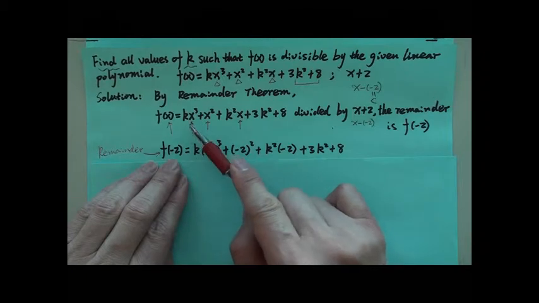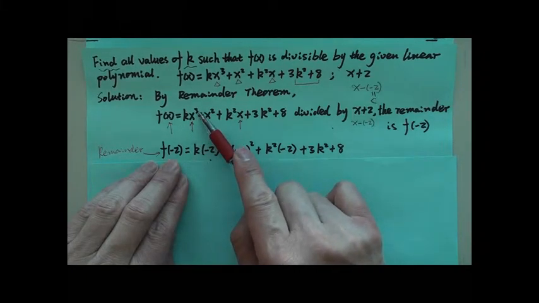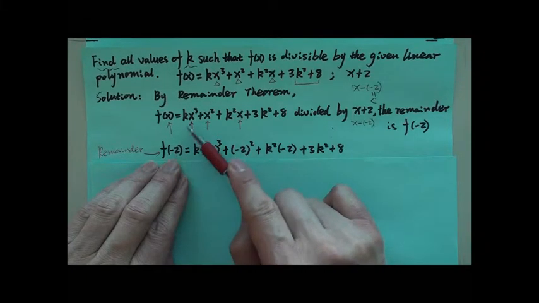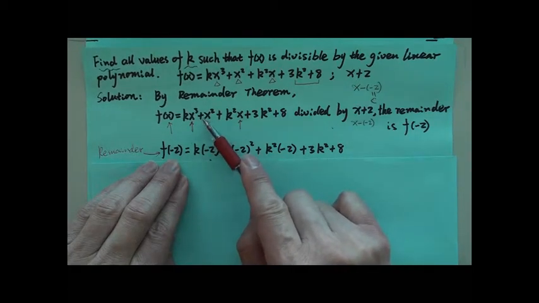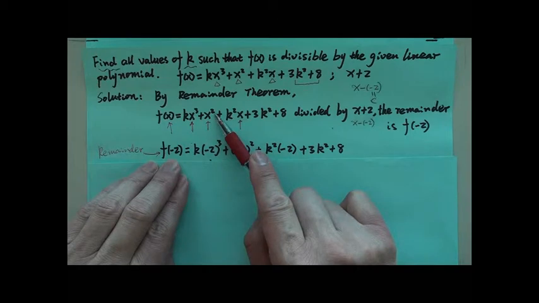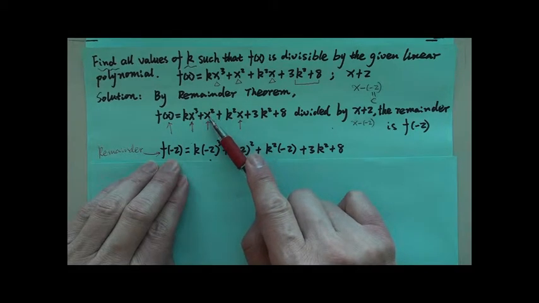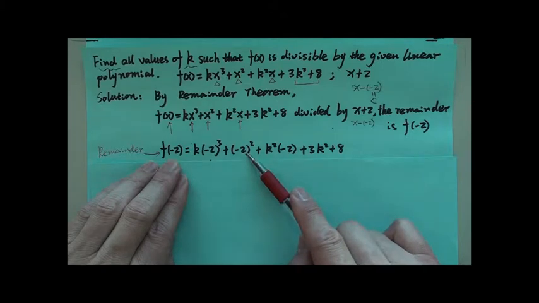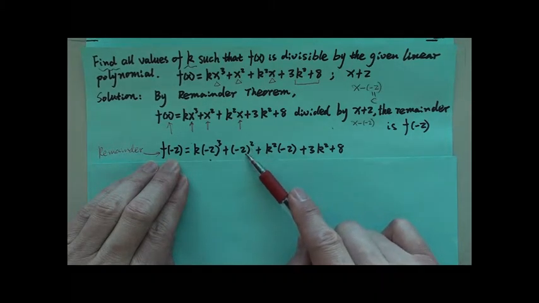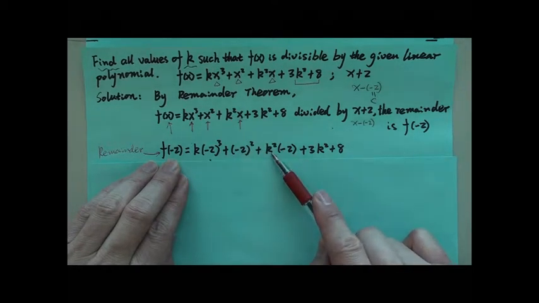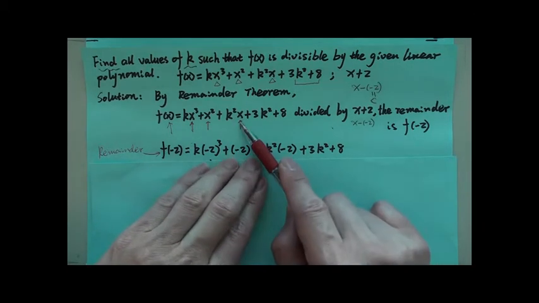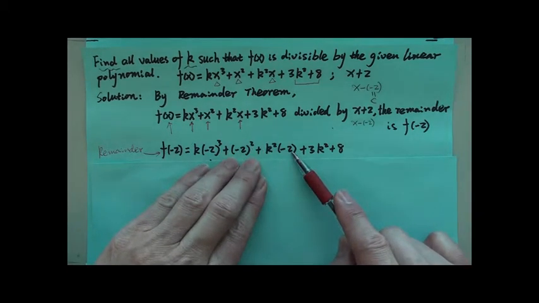So k times x cubed, but x now is negative 2, so negative 2 cubed, plus x squared, replace x by negative 2, so that's negative 2 squared. K squared is the coefficient of x, you keep it, and then x is replaced by negative 2.